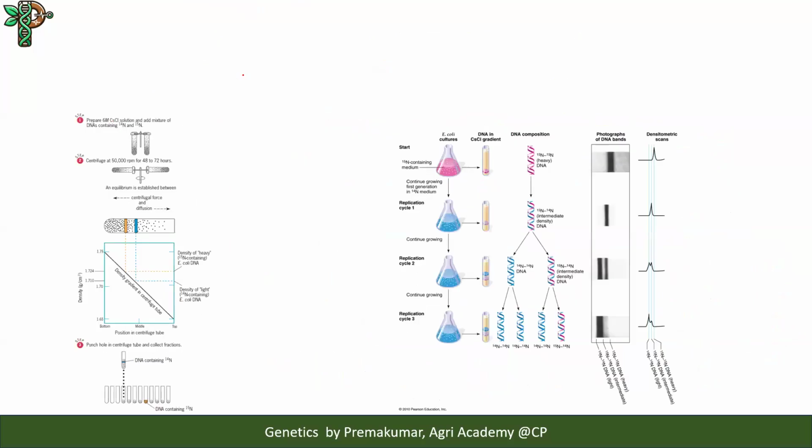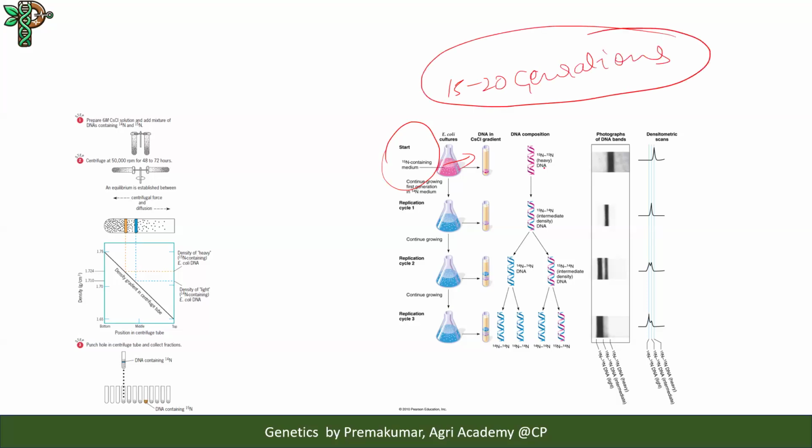Then, how was it actually done? For example, they grew E. coli in N15 media for 15 to 20 generations. Then all the DNA in the E. coli cells, when grown in the N15 media, is N15, N15; you see that both strands have N15.